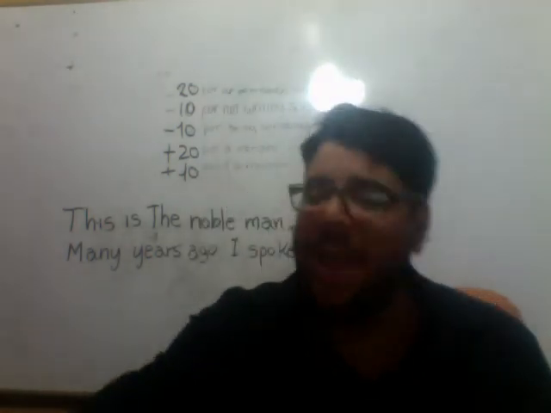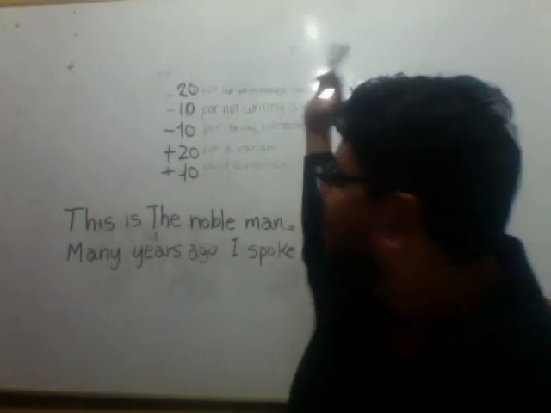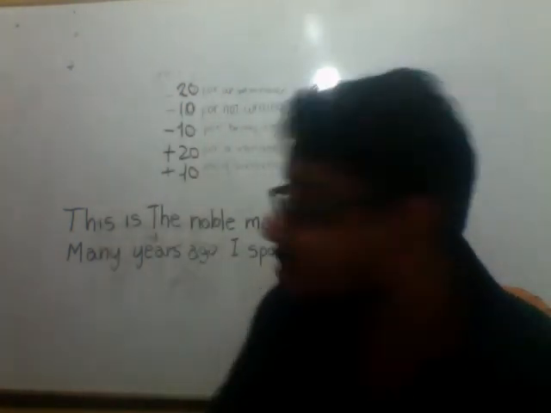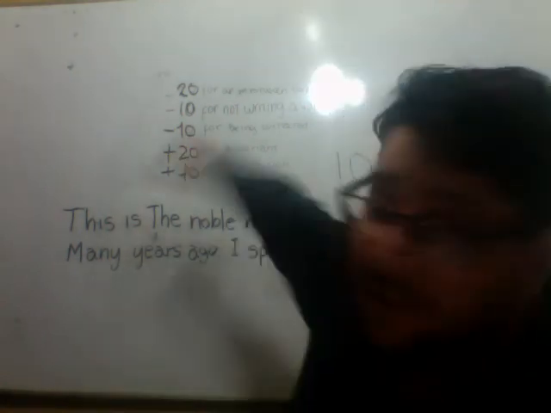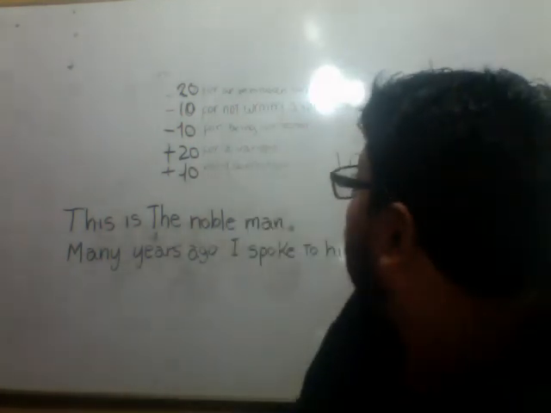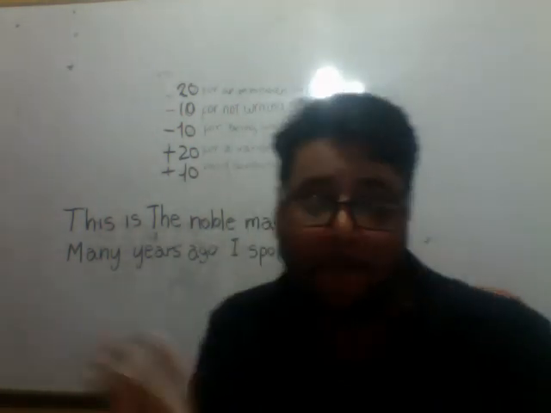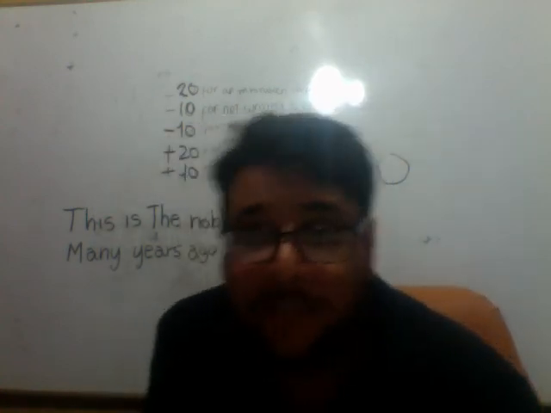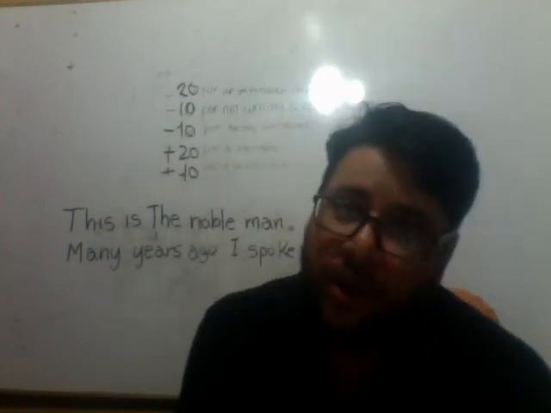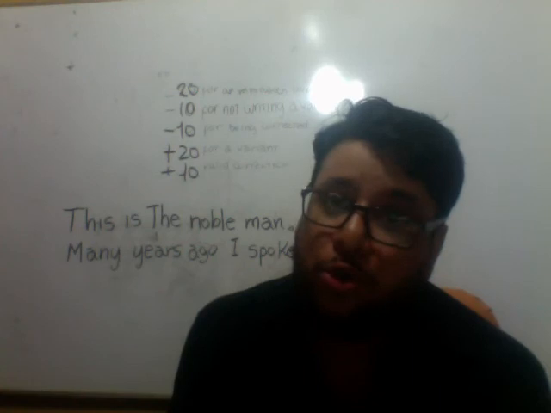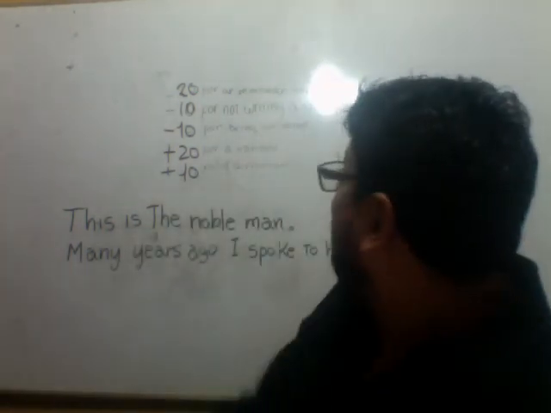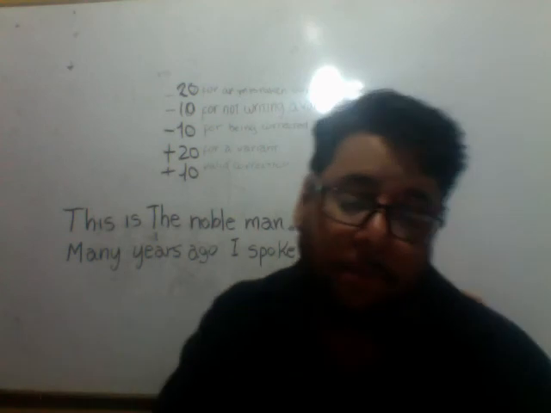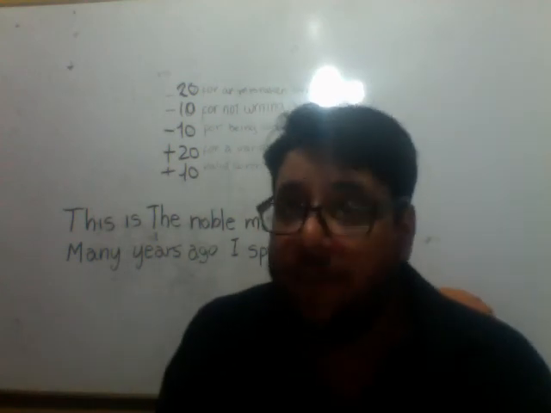So we have a game here. In this game, you'll all start with 100 points. You lose 20 points if you make a correction of your classmate's sentence and that correction is wrong. You lose 20 points. 10 points you lose if you couldn't come up with a variant of the sentence.